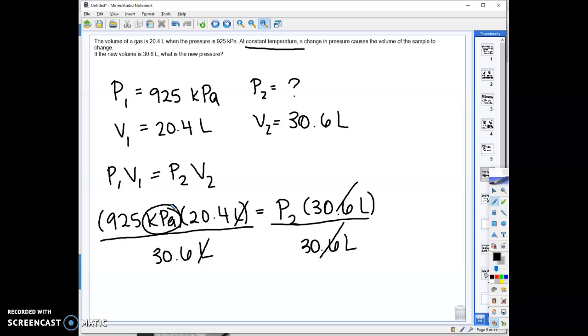So I'll say 925 times 20.4 divided by 30.6, and I get 616.67, and that's kilopascals. So I have to look at significant digits. I have 3 significant digits in all of my values here. So I need 3 significant digits, which will be 617 kilopascals.